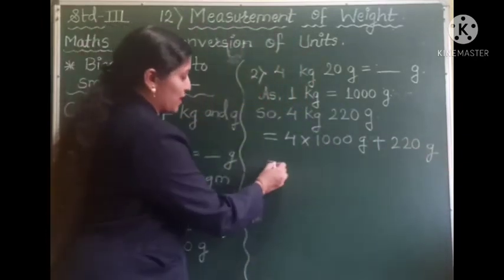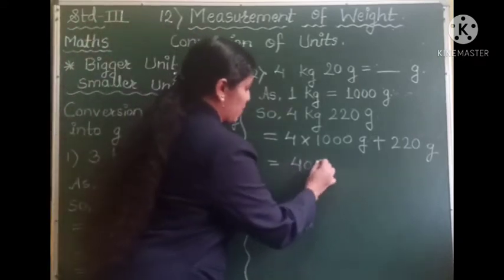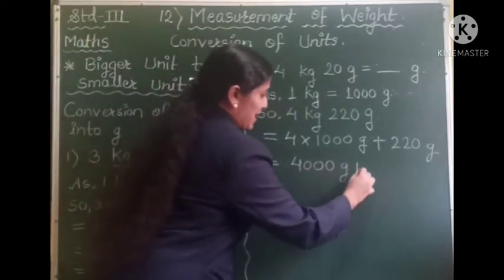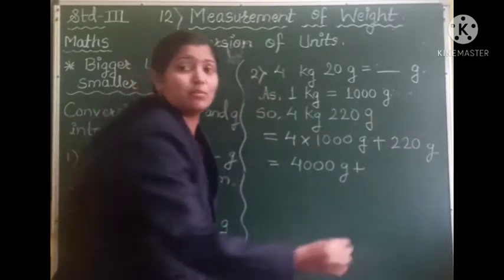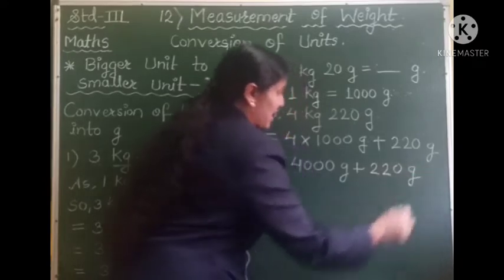So 4 into 1000, what will be the answer? It will be 4000 gram, and this 220 gram will be written as it is.